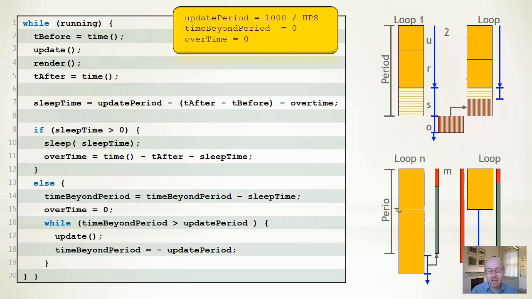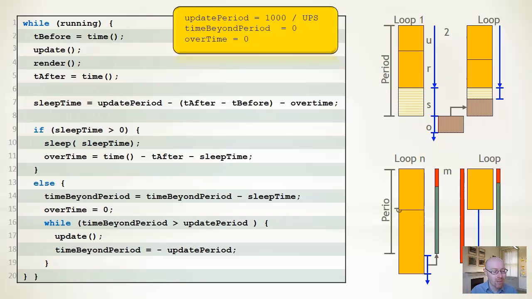So if our target update period is 20 milliseconds, and we're actually now 20 milliseconds delayed, then we should do something about that. And what we do about it is in line 17 and 18. We trigger an update, but we don't trigger a draw. This is our way of saying that we really are expecting an update to have happened now. Let's do an update. Let's not bother drawing it because this will hopefully save a bit of time.